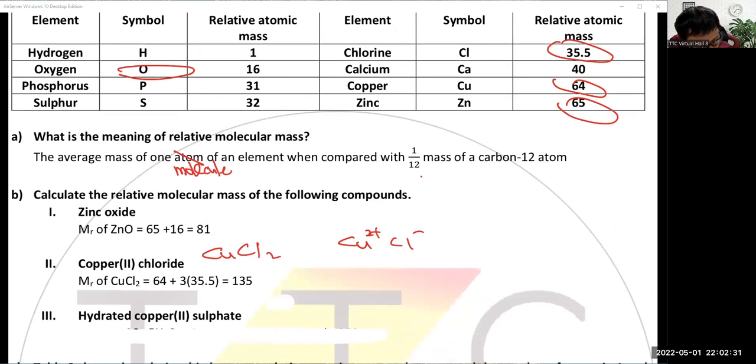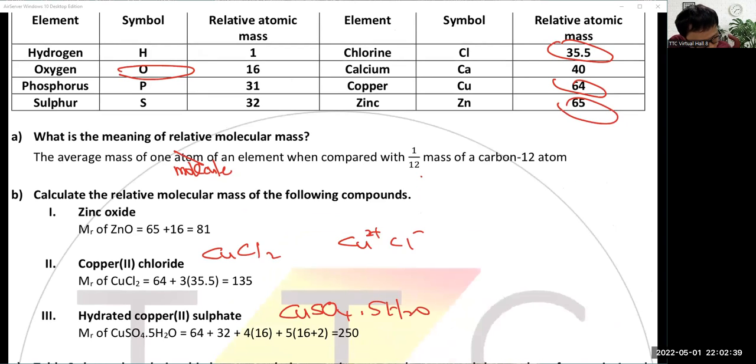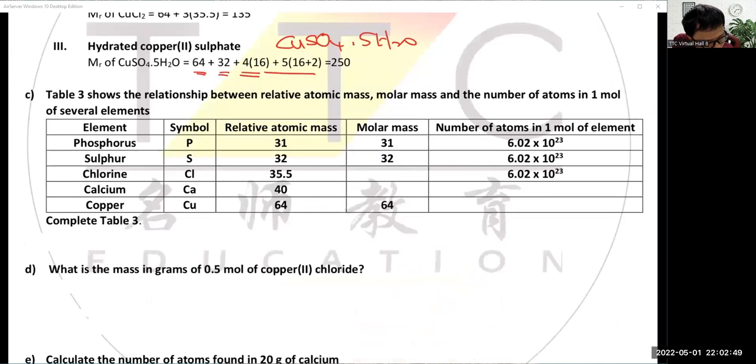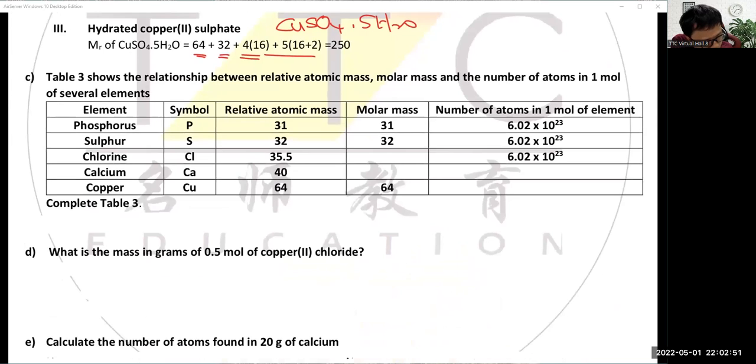Hydrated: CuSO4.5H2O. So it will be CuSO4 plus 5 water, and you get 250. Then what is the mass of 0.5 mole of copper(II) chloride?